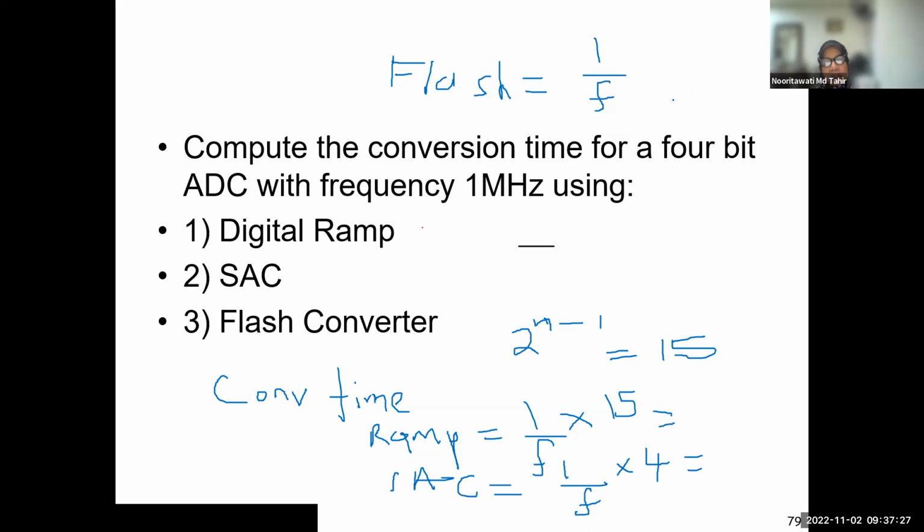The only challenge is because flash converter ni dia punya circuits is very bulky because as the number of conversion increase, okay, the larger the circuit because the number of analog comparator is being actually compute, yeah.